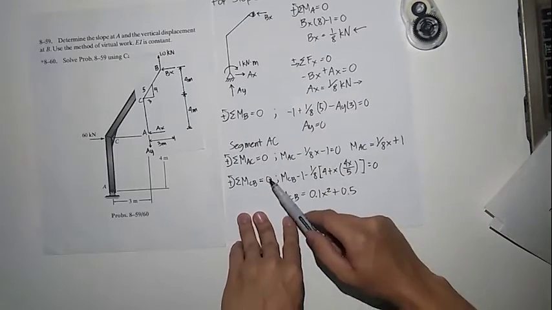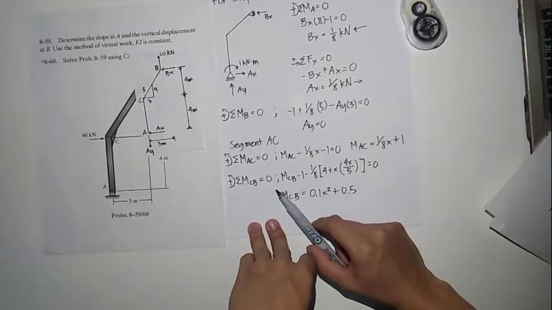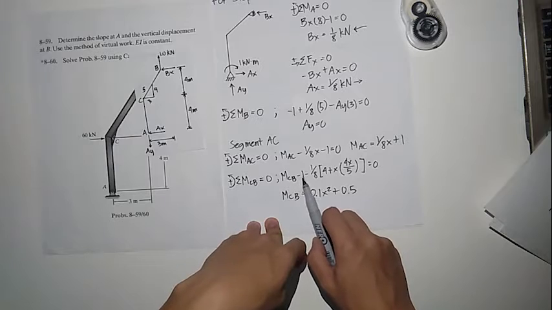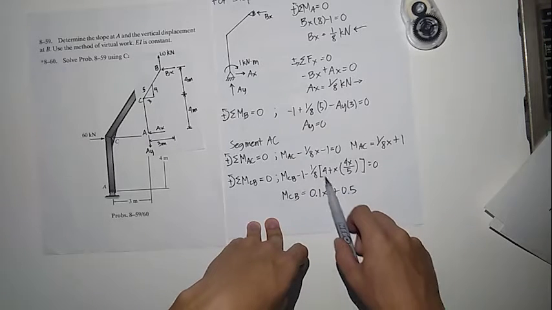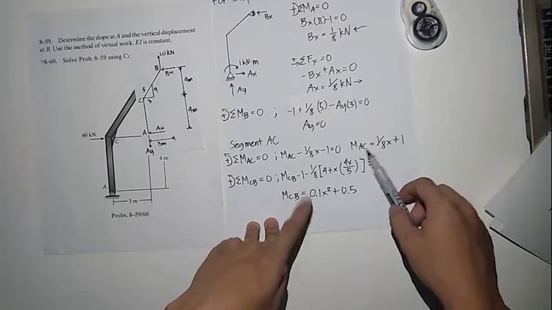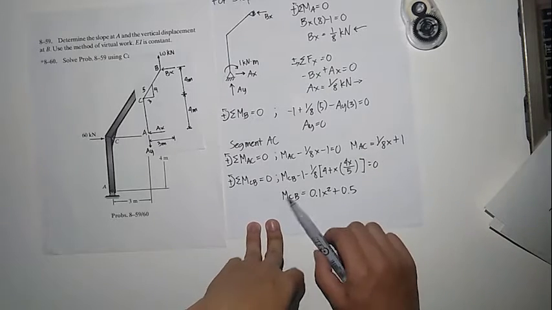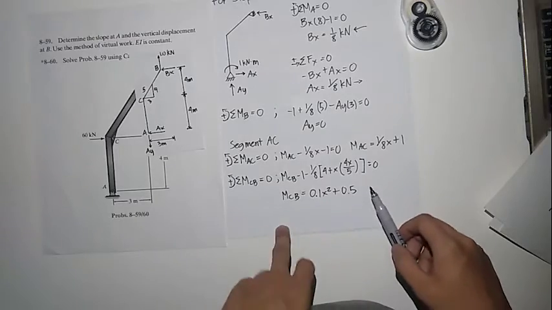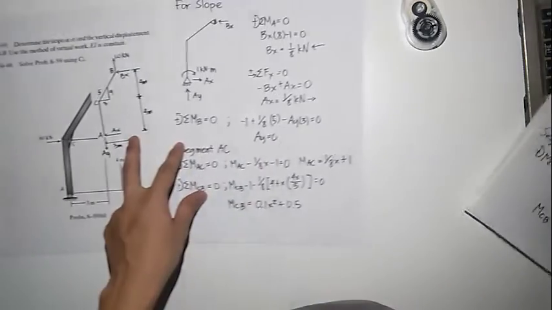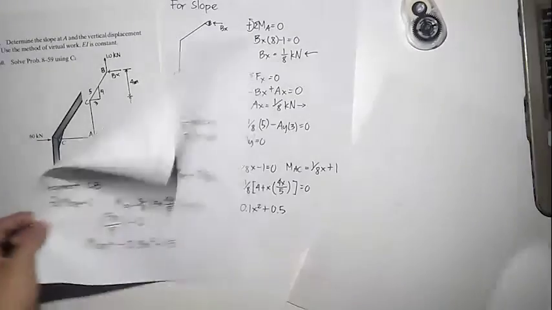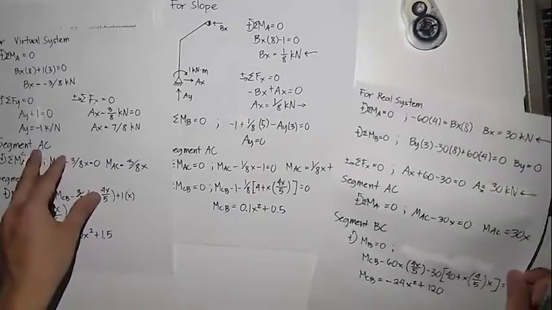Sa segment CB naman ay ganito lang po ang equation: MCB minus 1 over 8 times 4 plus 4x over 5 times x equals to 0. So, MCB is equal to 0.1x squared plus 0.5. So, kumpleto na po ang mga equation po natin para po mahanap yung ating slope at ang ating final answer.